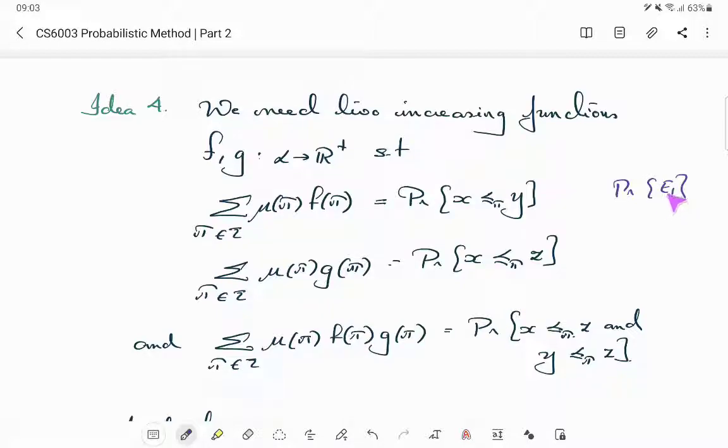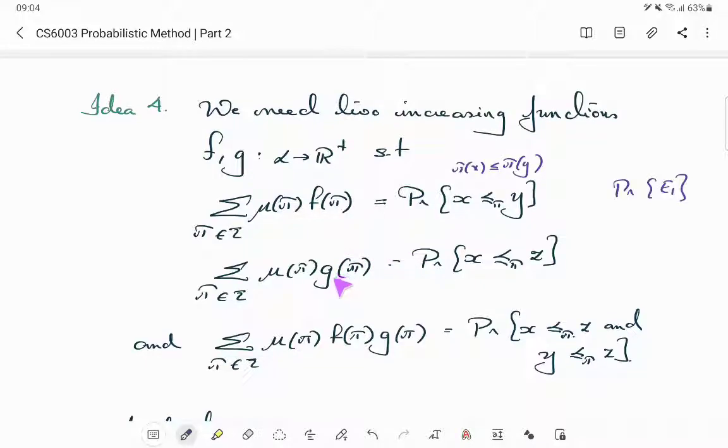Remember, E1 was the event that x would be placed before y by the linear extension. And since this linear extension is obtained by sorting the domain according to the pi values, this is equivalent to saying that pi of x is less than or equal to pi of y.